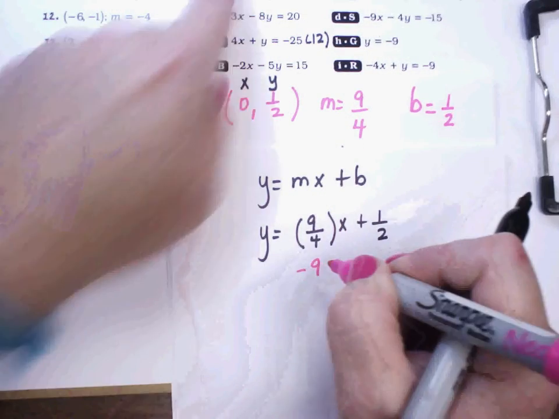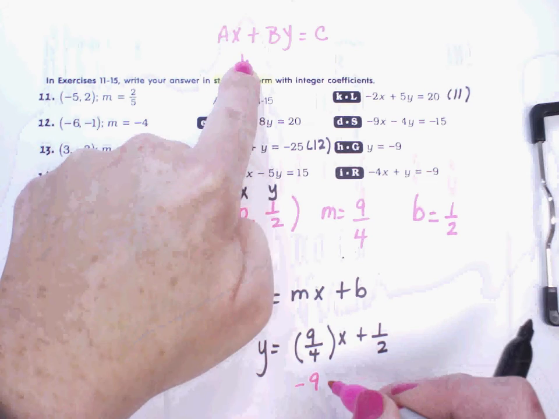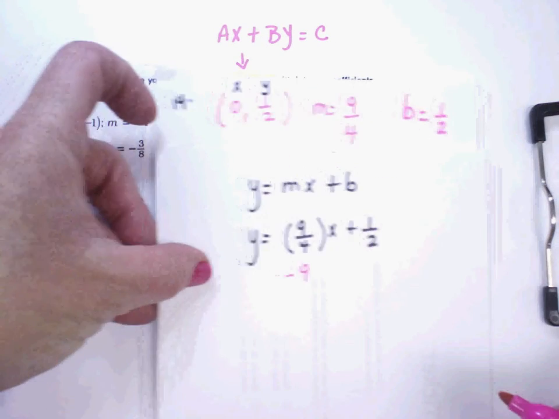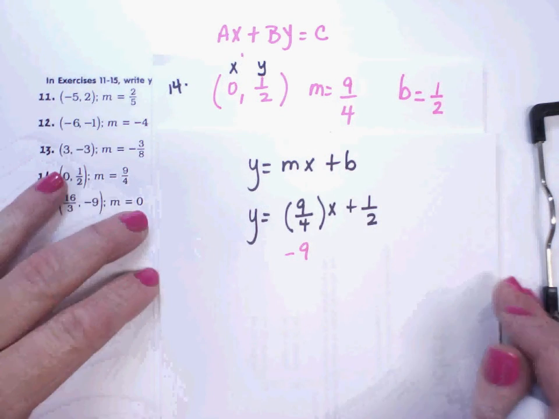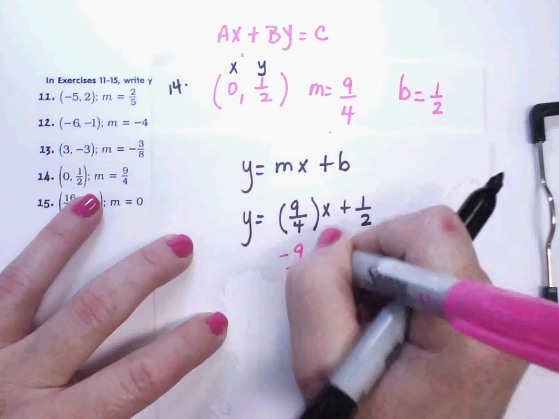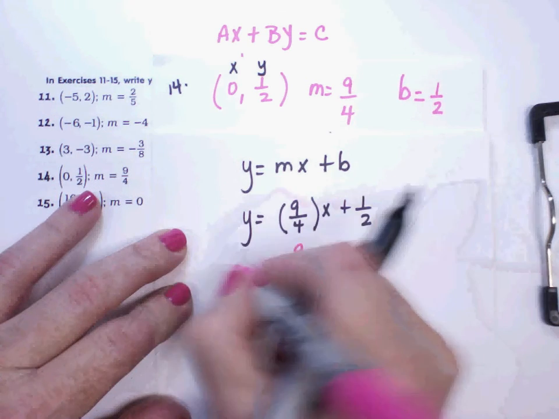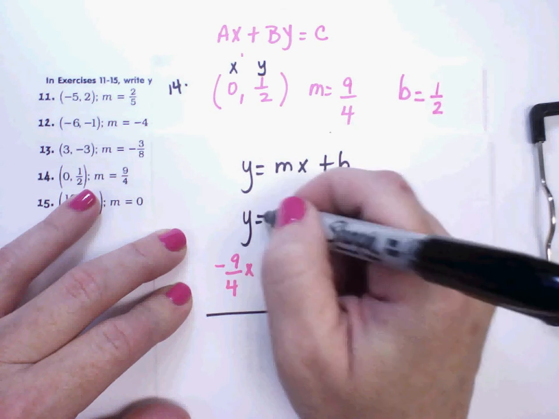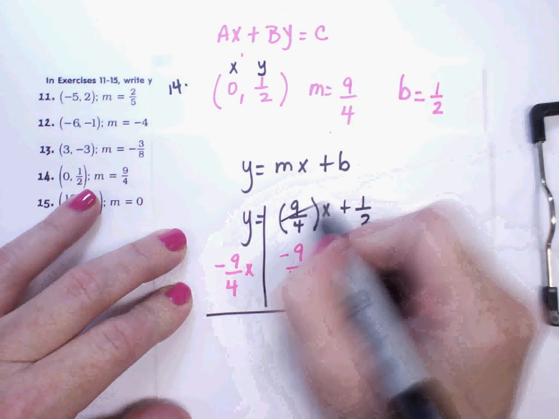Now in standard form, y and x are on the same side of the equation. So I'm going to say minus 9/4 x. So that cancels.